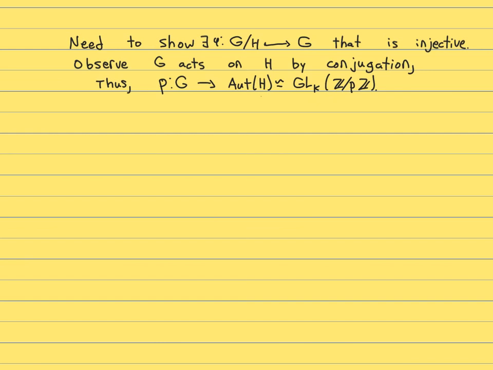And the strategy is to note that G acts on H by conjugation, and that this gives rise to a homomorphism from G to the automorphism group of H, which is isomorphic to the general linear group. So in other words, we're working with matrices.